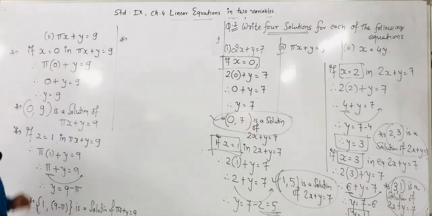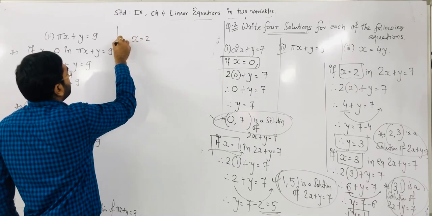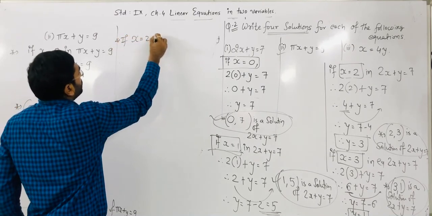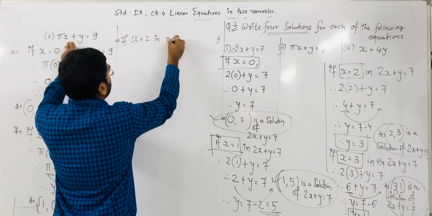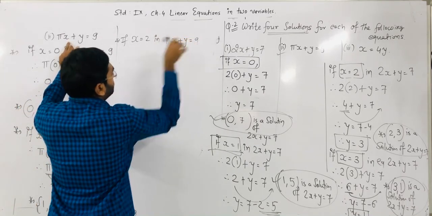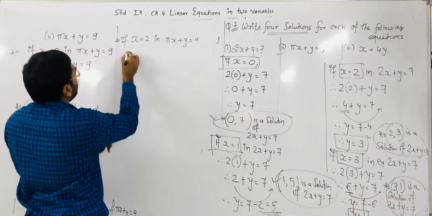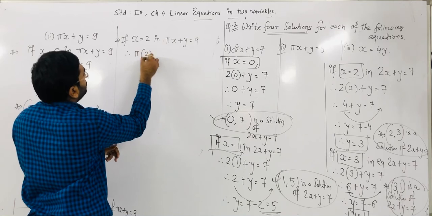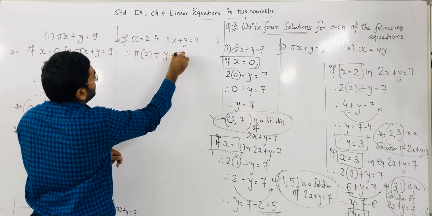So here I take x is equal to 1. Now I take x is equal to 2. If I take x is equal to 2 in that equation pi x plus y is equal to 9, right, so in that equation x is equal to 2 we have to put. So pi into 2, x is equal to 2, here we have to put plus y is equal to 9.